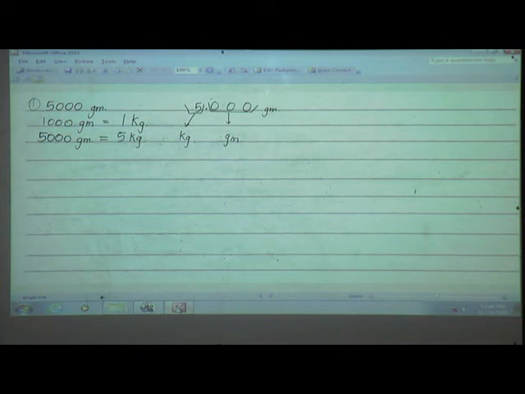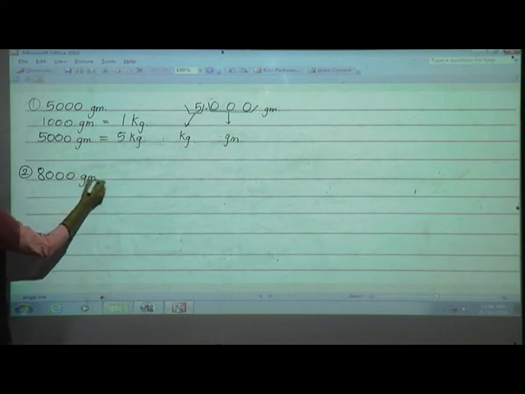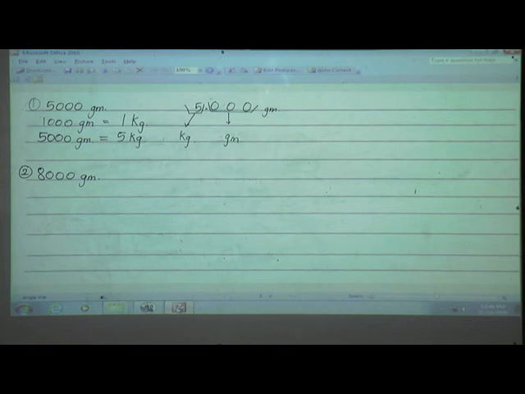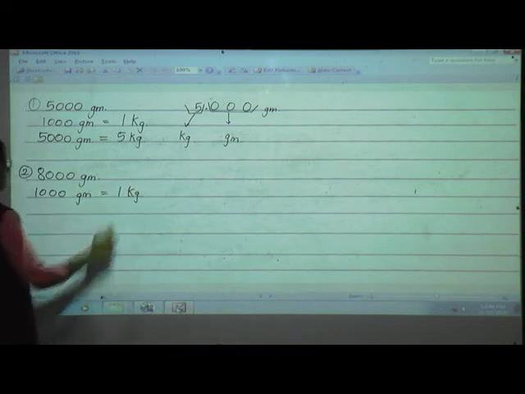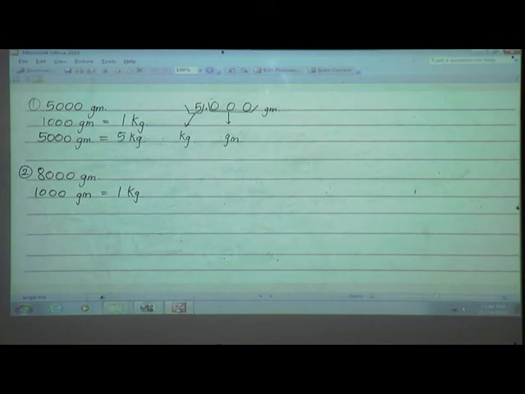Understood? Okay, then see the second number, 8000 gram. Now same way we have to solve this also. See here, first step is 1000 gram is equal to 1 kilogram.